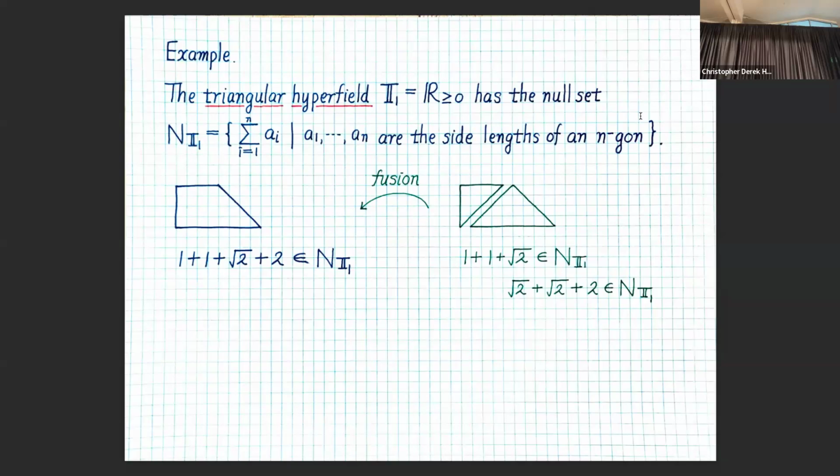And it satisfies the fusion axiom in the sense that you can break any null relation into three-term relations, like fields. Every null relation comes from three-term null relations, saying that A plus B plus C equals 0. And this is why the triangular hyperfield is called that way. So every relation comes from a triangle.